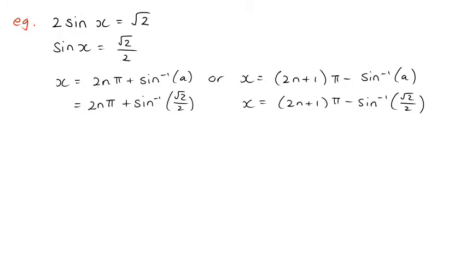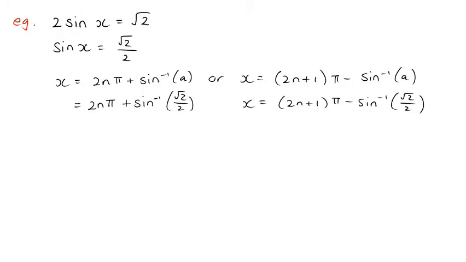Remember, you can enlarge the triangles as long as you multiply all 3 sides by the same number, or you can shrink them. Because remember, your trig, sine, cos, and tan are just ratios. They're not actual lengths, they're just ratios. A ratio you can enlarge, or you can make smaller.